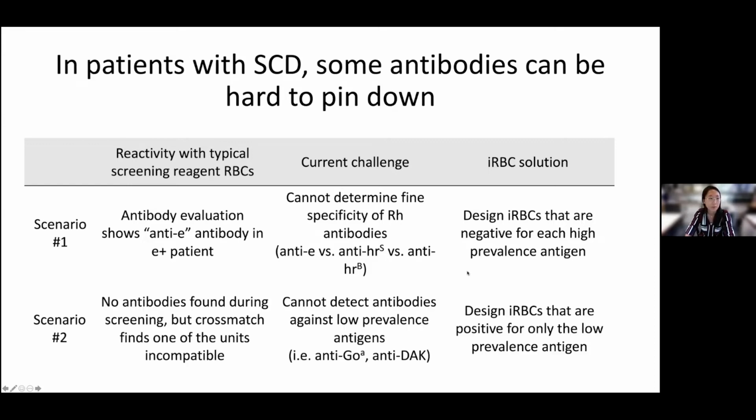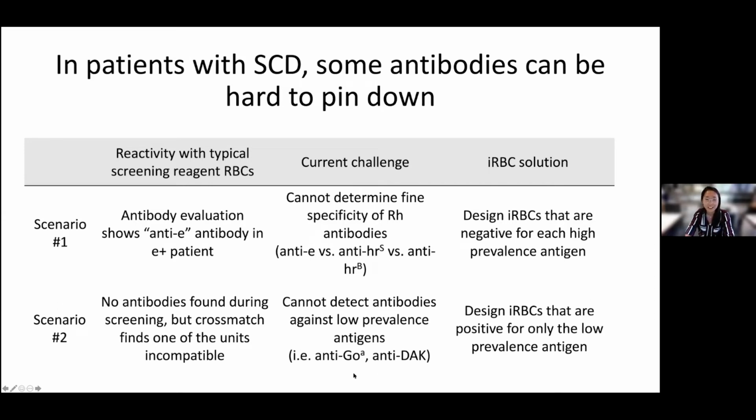And in the second scenario, you could have a patient whose plasma didn't show any antibodies during screening, but cross-match finds that one of the units is incompatible. And in this case, it suggests that you could have an antibody against a low prevalence Rh antigen.